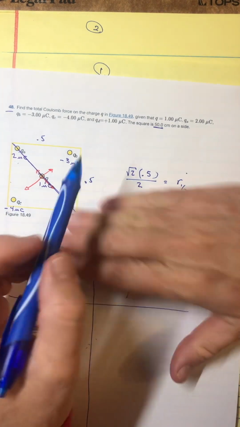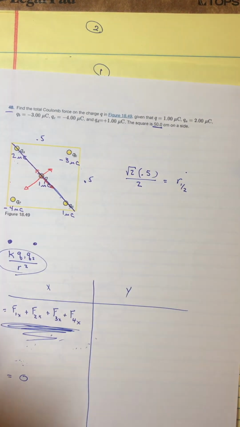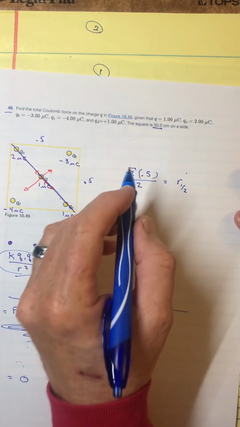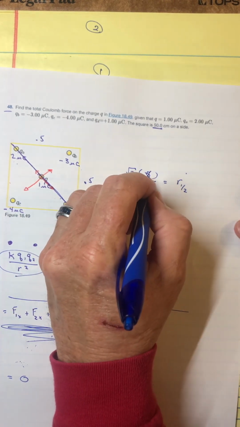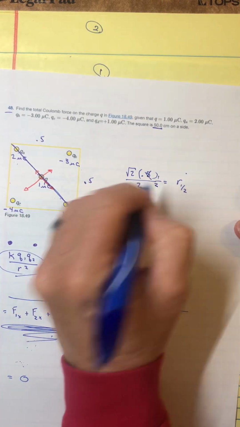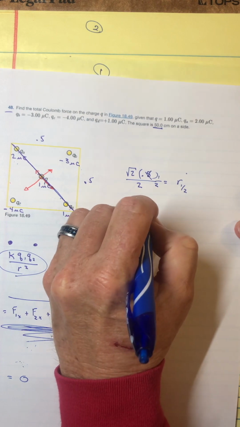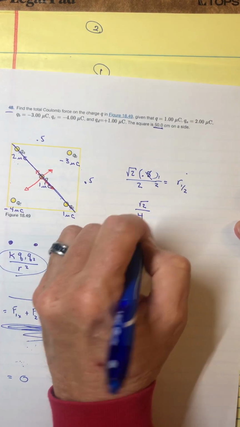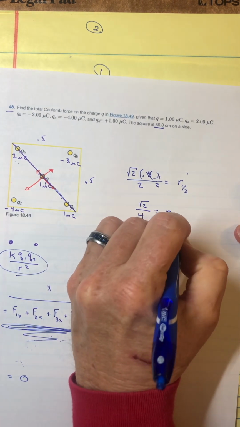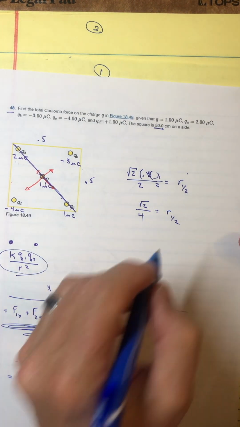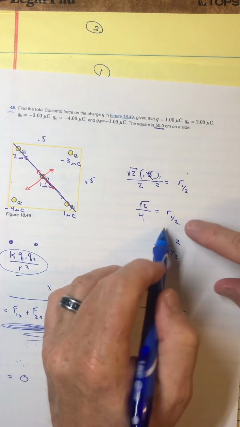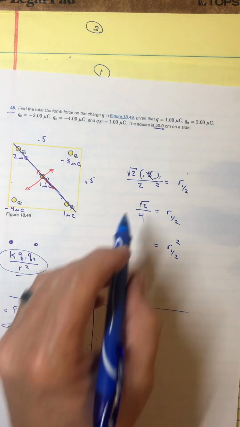So let me cut that in half in order to get half the diameter. Okay, so the numerator here is the diameter, cut in half. And of course, depending on how you want to look at this, 0.5, let me cross it out and write it as another 1/2. So this is actually a root 2 over a 4 for half the diameter. And what I want to know is that half the diameter squared.